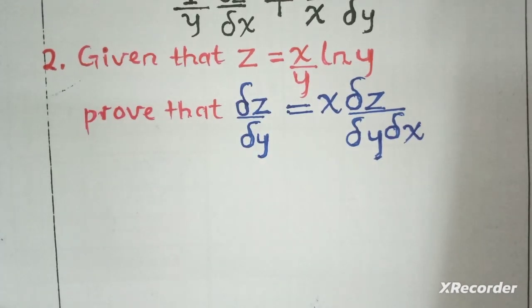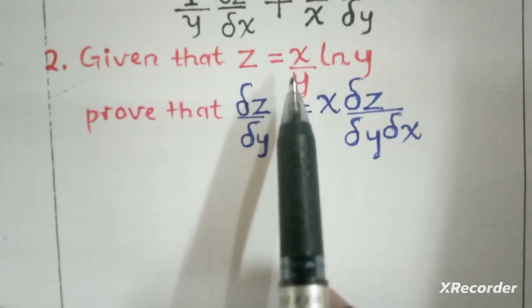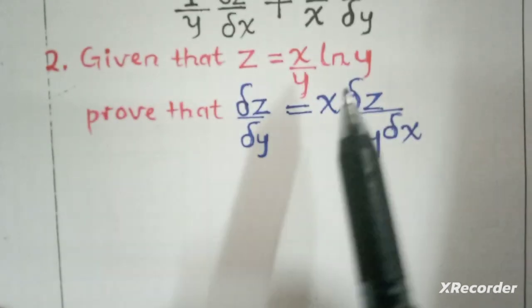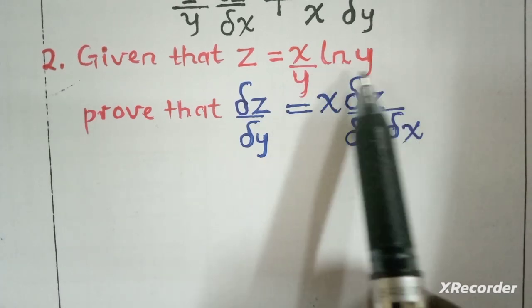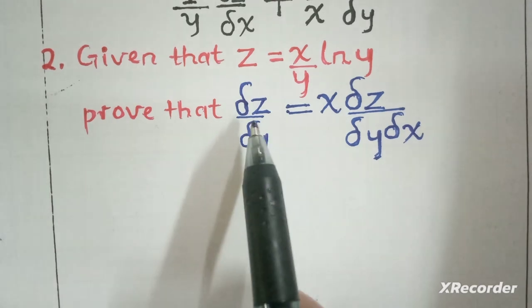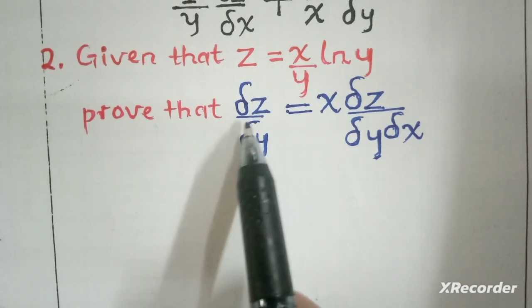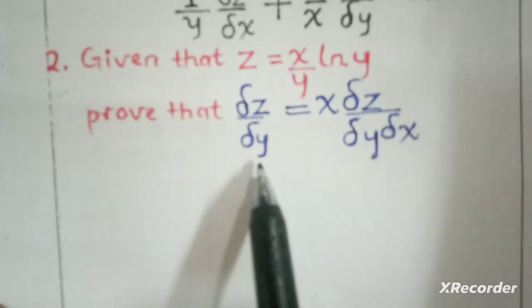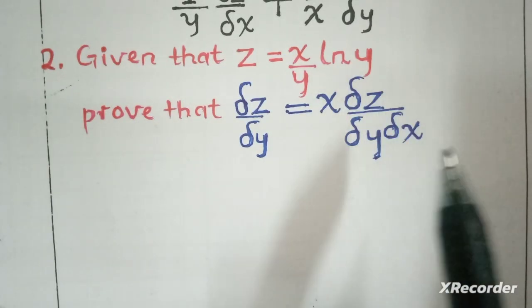First, I read it. Given that z is equal to x over y log e, that is log y to base e, that is ln y, prove that partial differentiation of z with respect to y is equal to x partial differentiation.